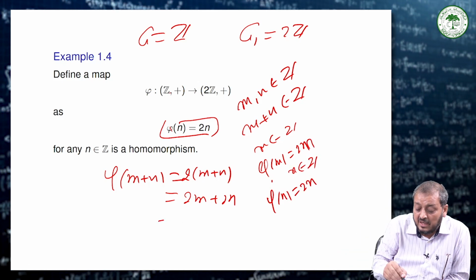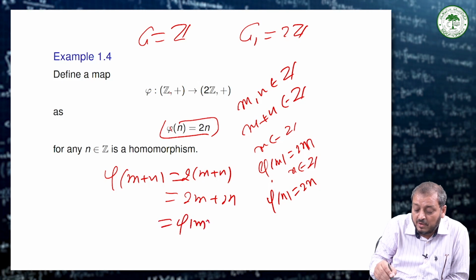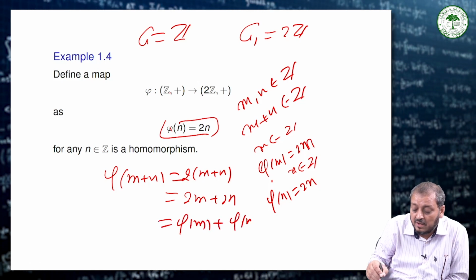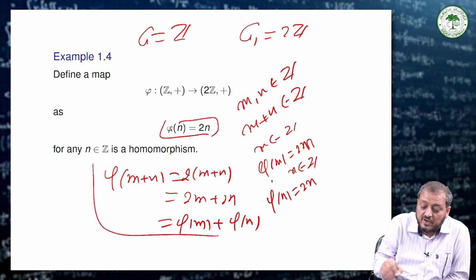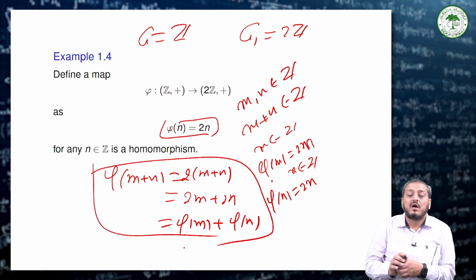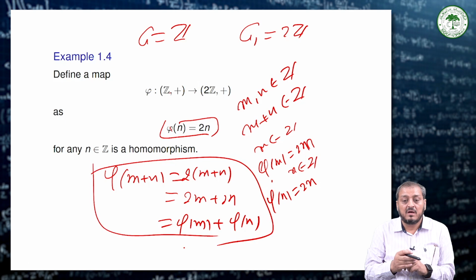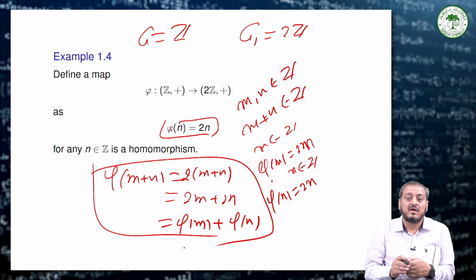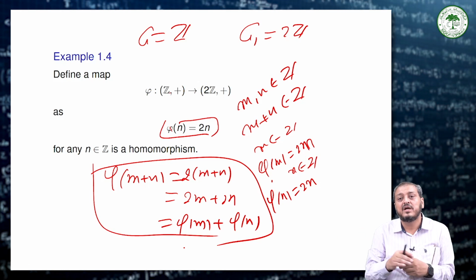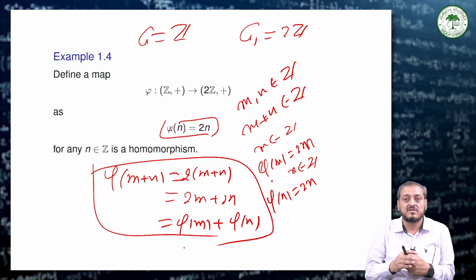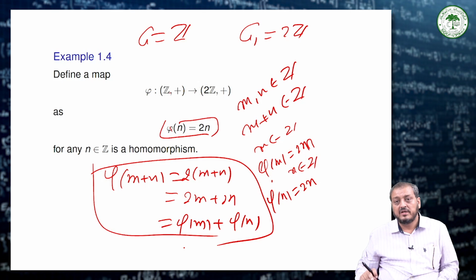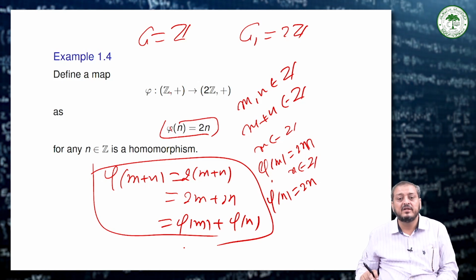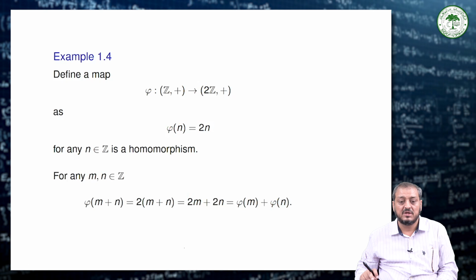Then this is nothing but phi of m plus phi of n, and so it satisfies the homomorphism condition. Clearly any map from Z to 2Z defined this way satisfies this condition, so this is a homomorphism example.